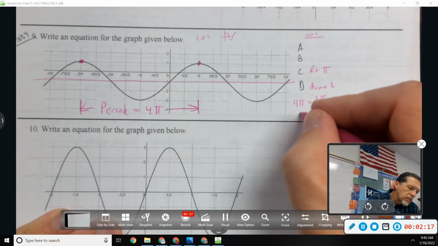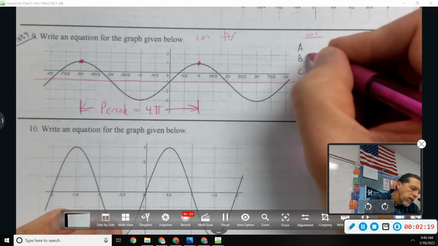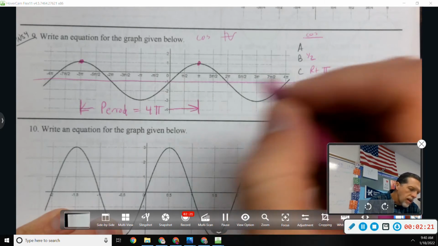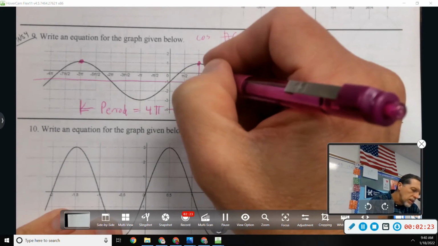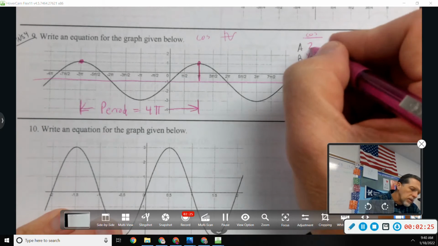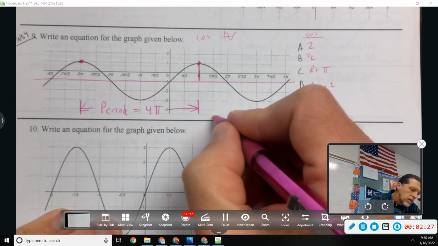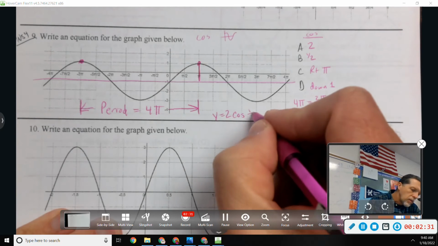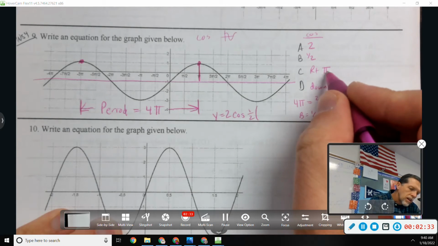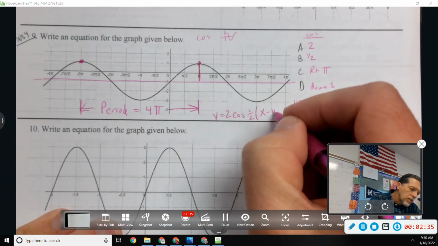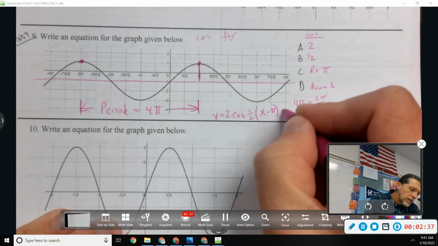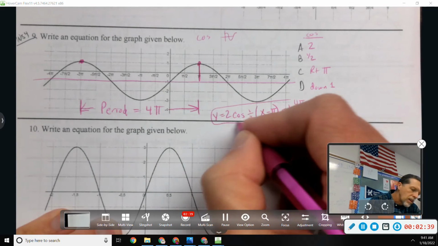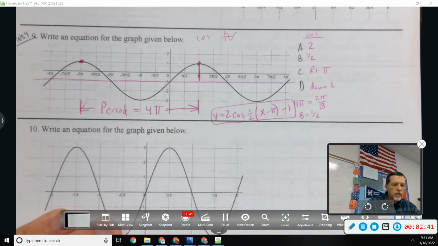So move things around, and b is 1/2. And then amplitude would be 2. So y equals 2 cosine 1/2, just want to go right pi, that's x minus pi, down 1, minus 1. So there's one way to write that equation.